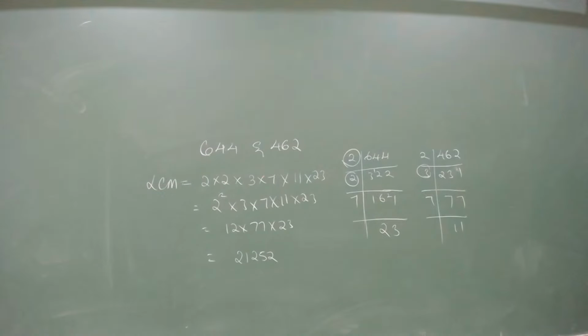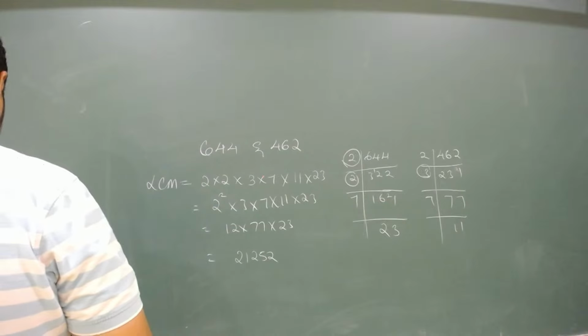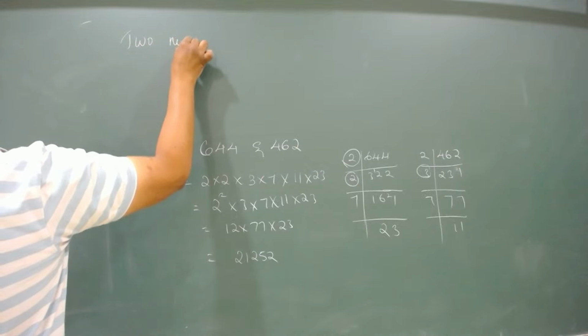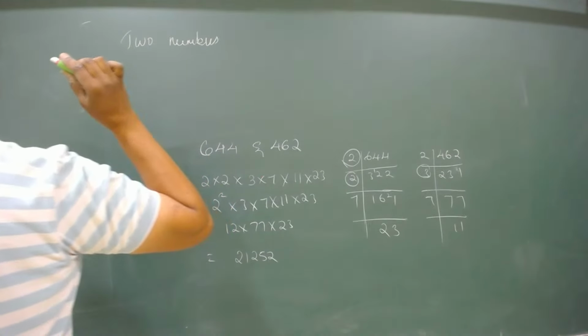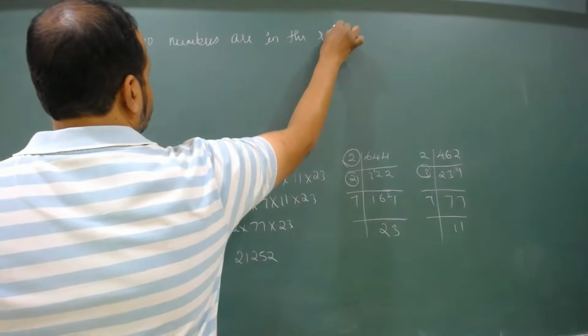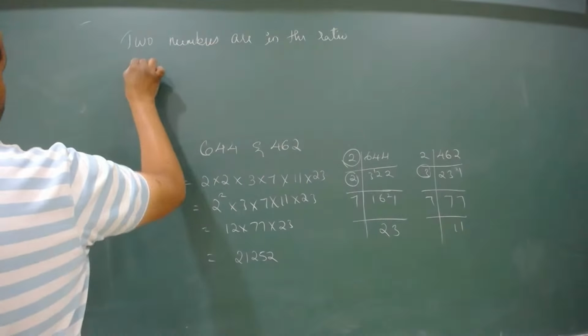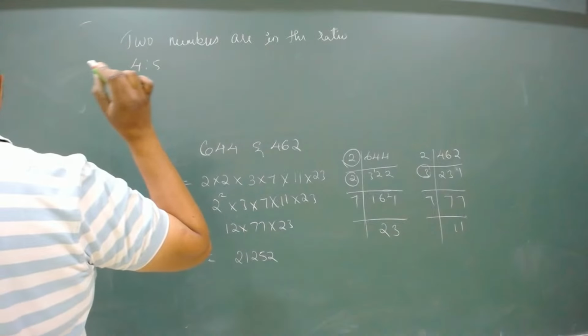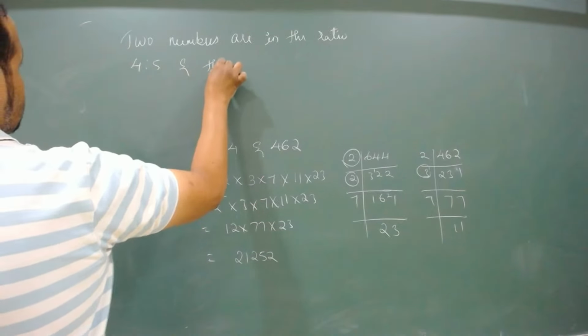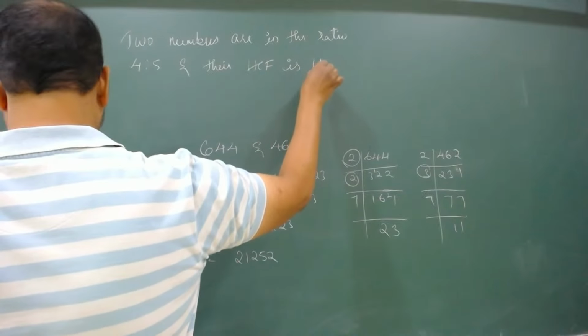Move on to the next question. Two numbers are in the ratio 4:5, and HCF is 11.